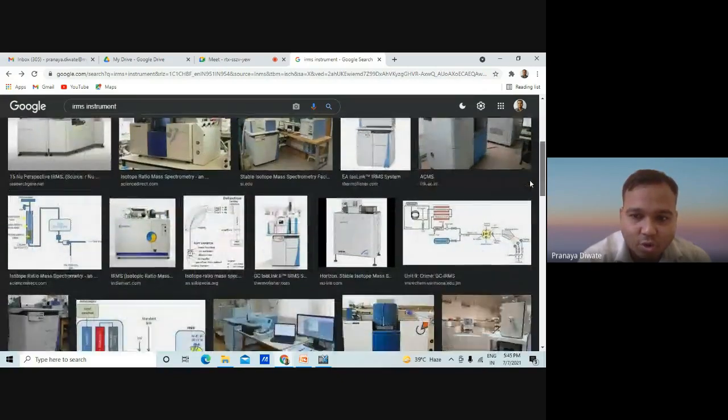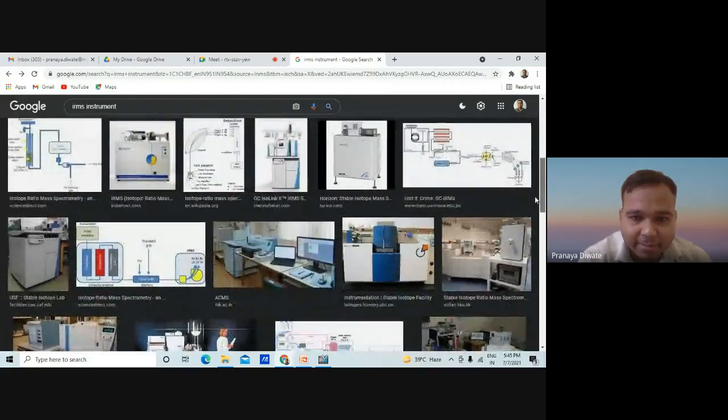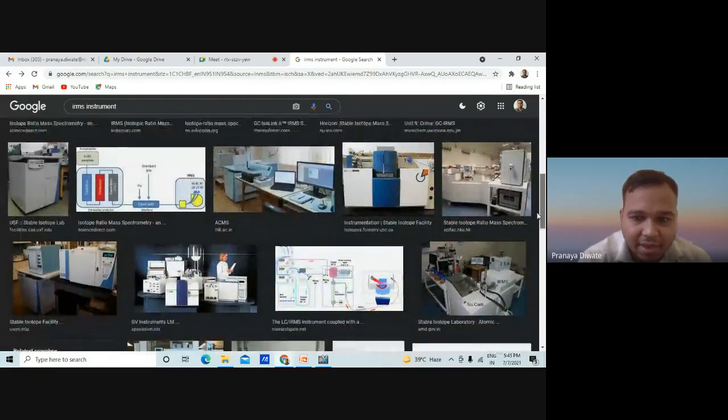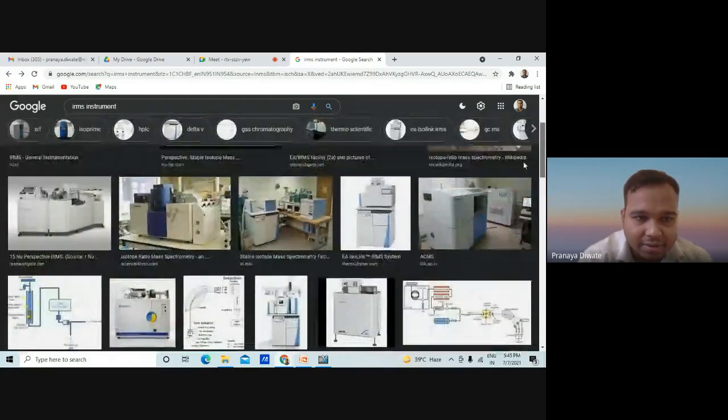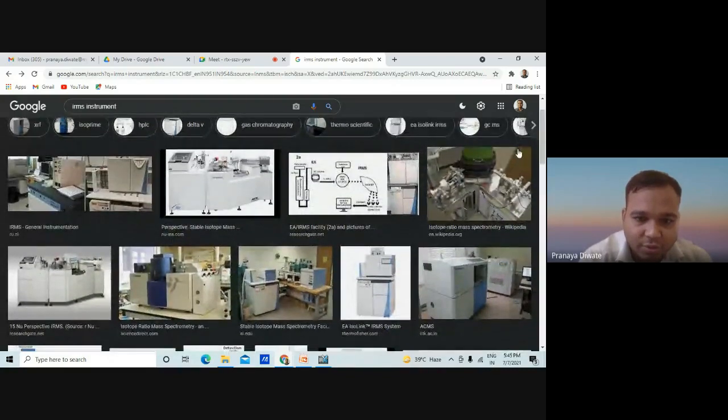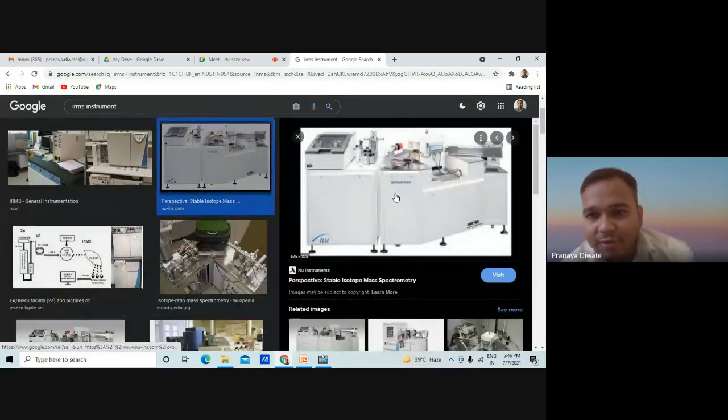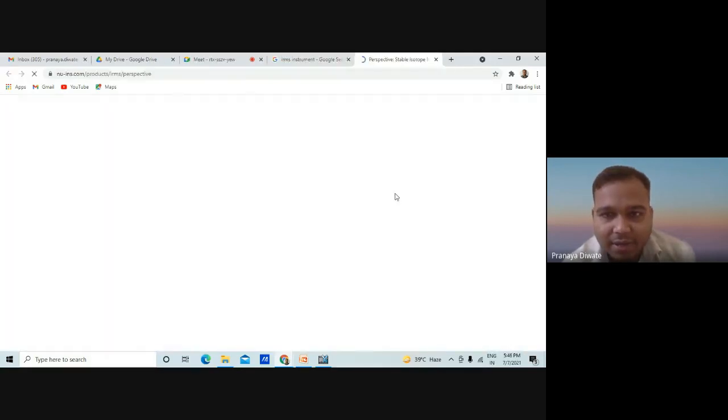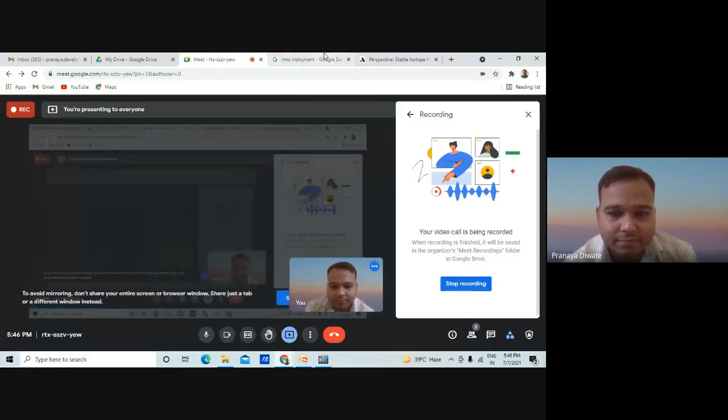So the deflection of any element can happen, and you need some argon and this gas to run this instrument. So this is how your stable isotope mass spectrometer looks.